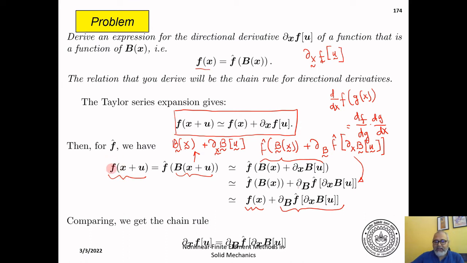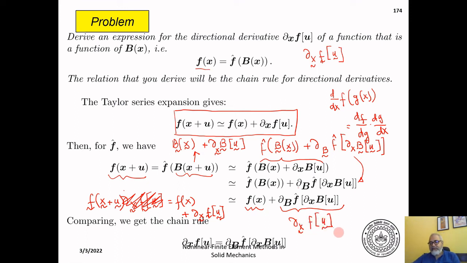So f of x plus u equals f of x plus the directional derivative of f in the direction of u.